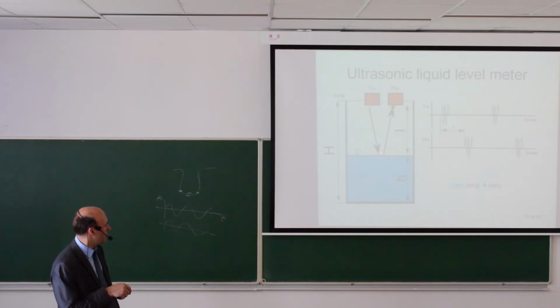This pulse gets reflected from the interface, and it's reflected to a receiver. What you see here is the time delay between the transmitted signal and the received echo, and we are looking for the time difference.